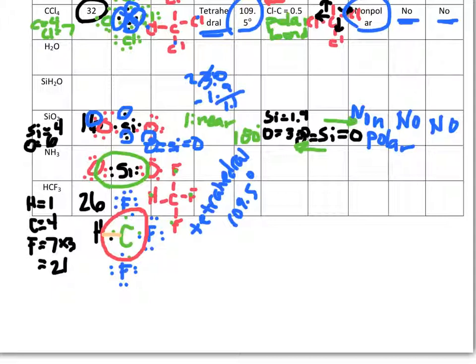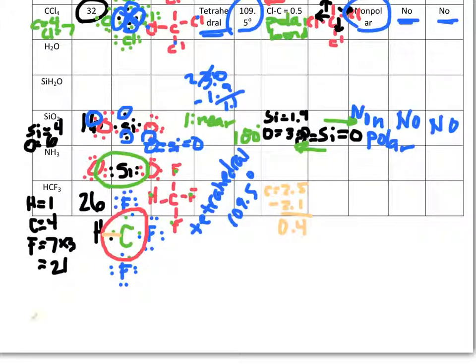So the bond difference between carbon and hydrogen, carbon is 2.5, hydrogen is 2.1. That difference is 0.4. Is that polar or nonpolar? That's right, it's nonpolar. That means we don't draw an arrow, okay? So we don't need to draw arrows for carbon and hydrogen because they're nonpolar.